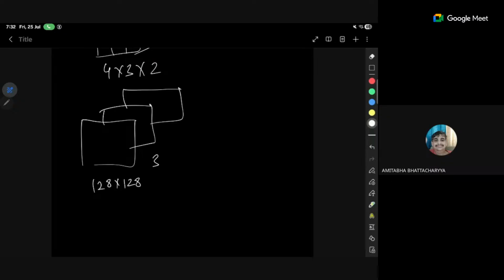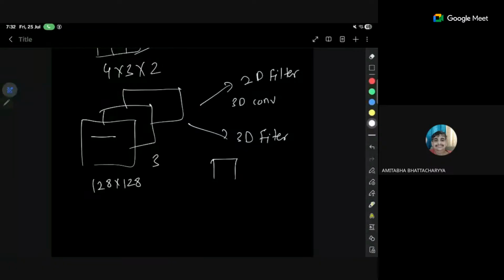So what we can do is, one way, we can use a 2D filter and move across this and then go on inside also. That is called 3D convolution. Another option is we use a 3D filter. We are going to use some matrix, but it has a depth of 3.